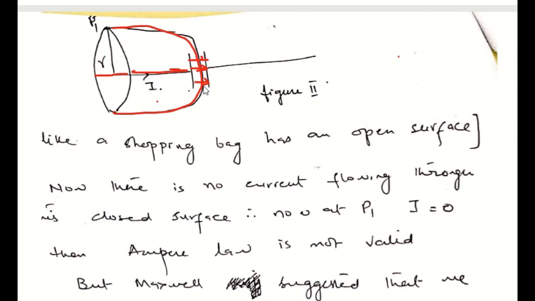So he gave this theory, and then he formulated a formula, and after applying that formula to this open loop, you'll see that you get the same result as you did for Ampere's law, and this is done only by adding an additional term to Ampere's law.